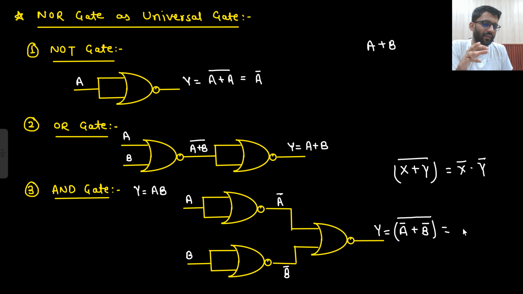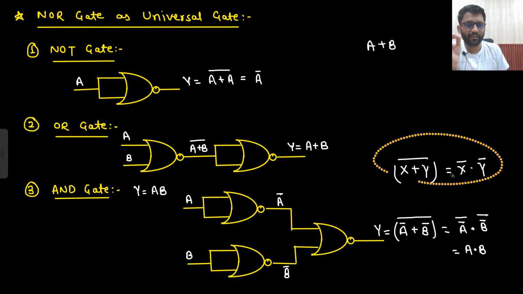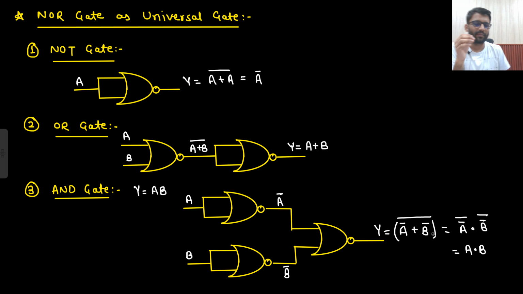So A bar and then bar, dot, B bar and then bar. So A bar and bar will be A into B. So Y is equal to AB, you are getting. Okay, so Y is equal to AB. This is the AND gate I am getting. So this is how I am using AND gate as a universal gate.